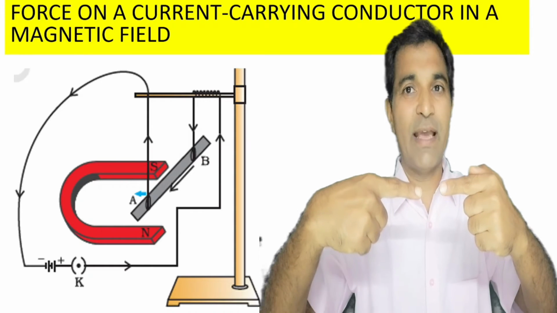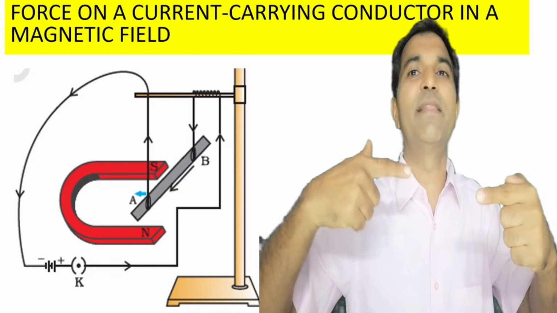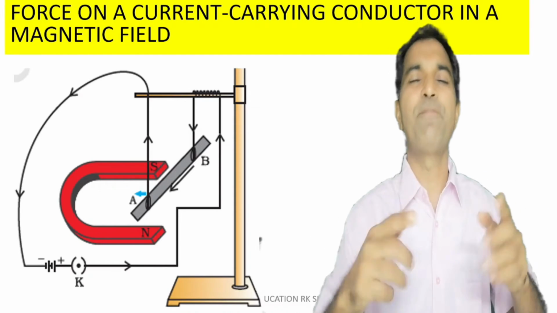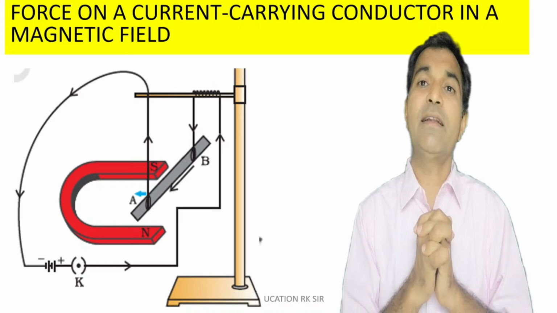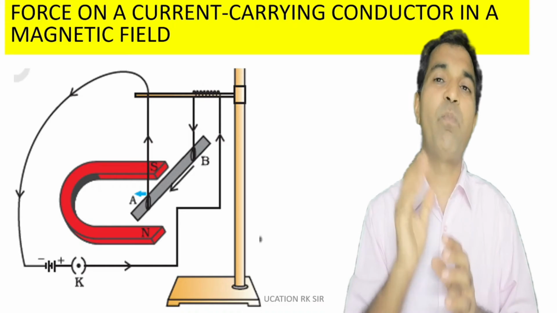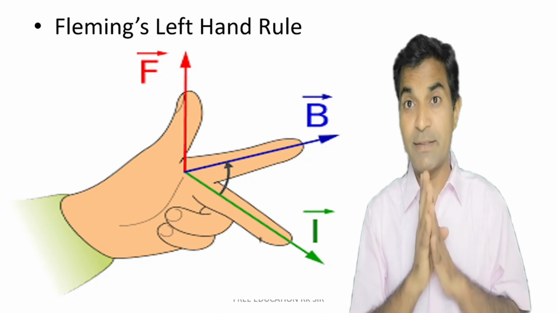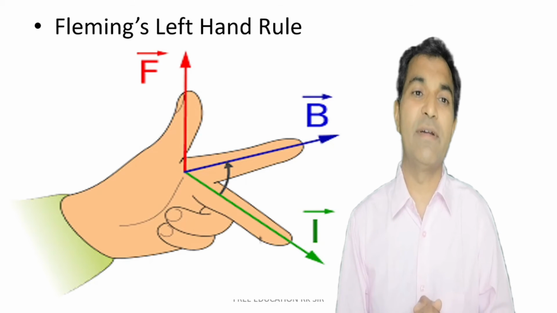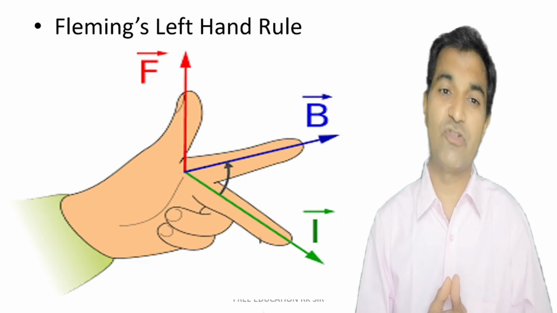If it is N and N or S and S, there will be repulsion. If this becomes S, then there will be attraction. So magnetic and electrical effects lead to a force on a current carrying conductor, and the direction of that force can be given by Fleming's left hand rule.